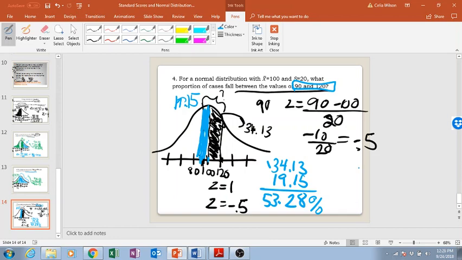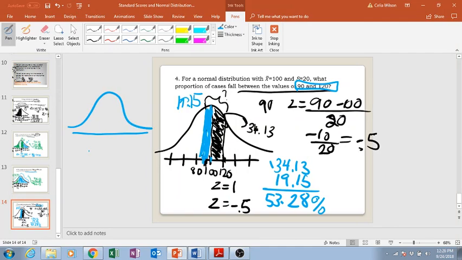Before we leave standard scores, when we get into statistical significance testing and we're looking at the likelihood of a result, you've probably heard of or maybe even know about p-values. P-values are probability. The probabilities are going to come from exactly this type of thing.